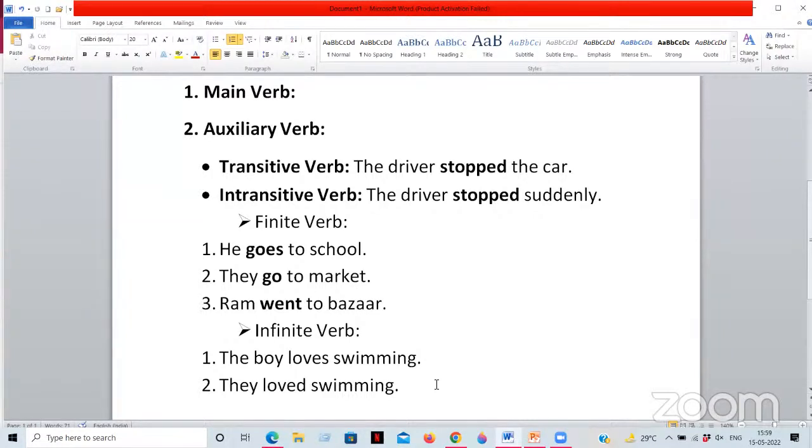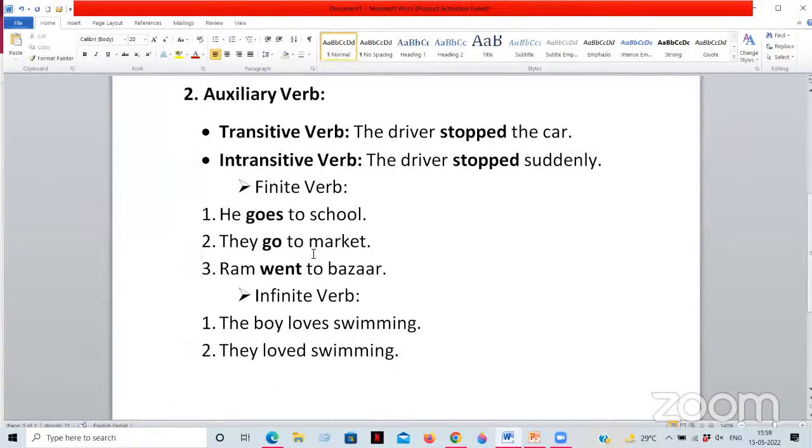Now, the topic that we are going to talk about is very easy and simple. You must know about it. What is a sentence? A sentence is a group of words that form together to give the meaning of the sentence. Yes, very good.